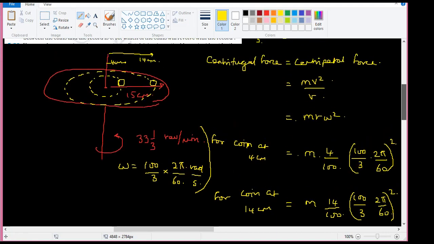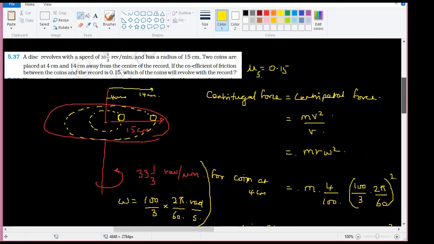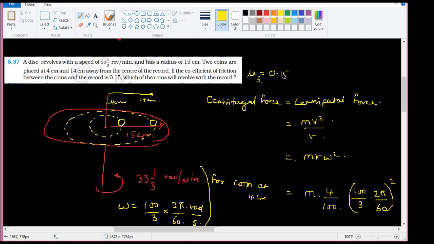But what am I supposed to compare it with? I'm supposed to compare it with the friction. I told you the friction is what is holding the coin together with the disc. If the friction is not sufficient, say if it is covered with oil or something, the coin will easily slip out of the disc. It will just fly out like this.